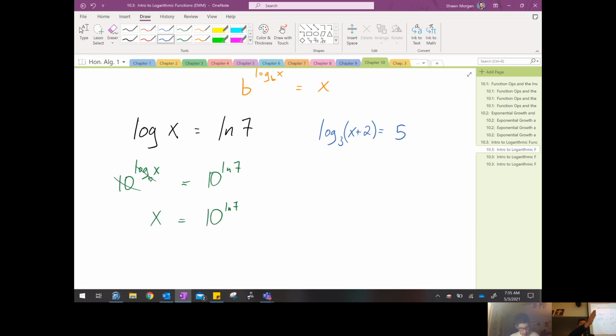Do something to both sides of the equation such that we get x by itself. Right now, x is being operated upon. We want to find the inverse of that operation so that we can isolate x. Think about what you want to do to both sides.